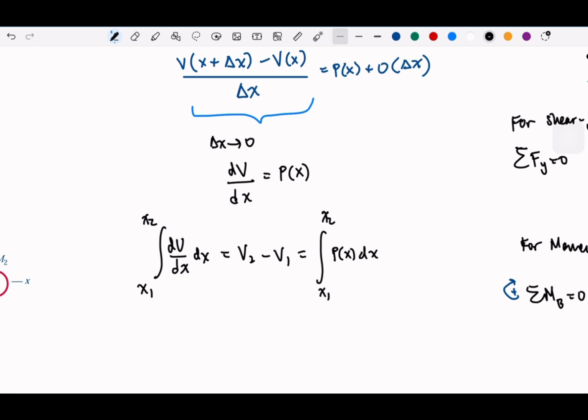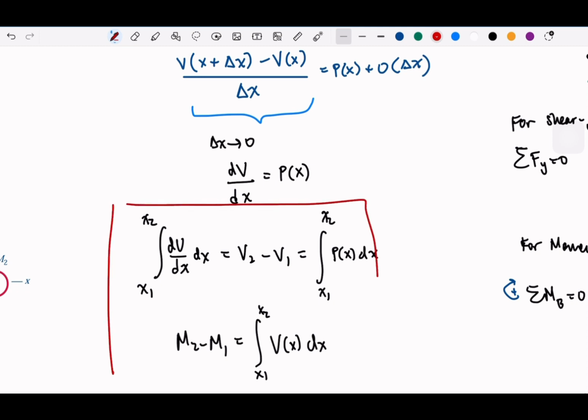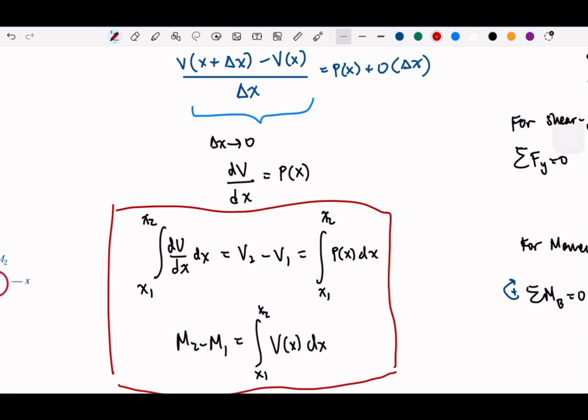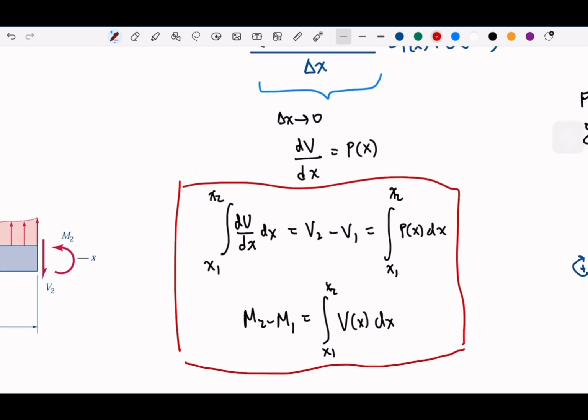And in the same way for the moment, we are going to get the integral of V of x dx. So this is the conclusion, which we are going to observe in the later expressions.